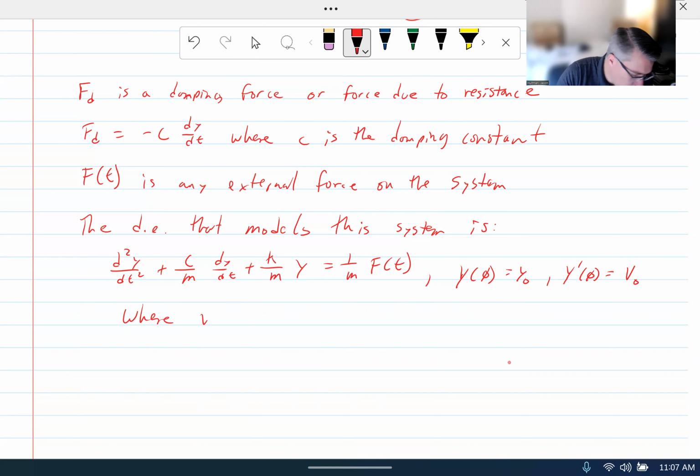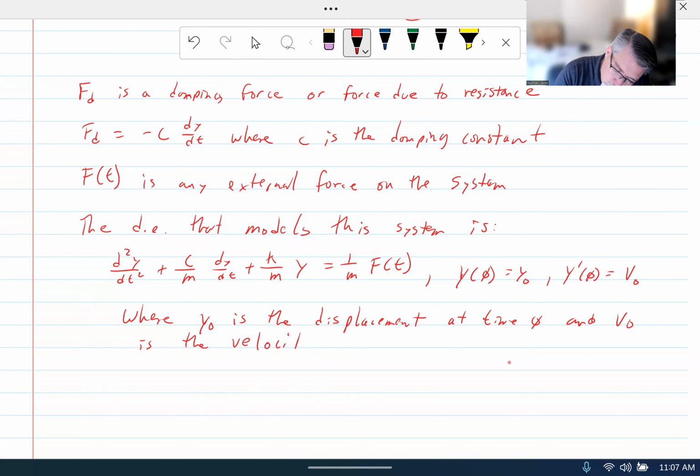Where y naught is the displacement at time 0, and v naught is the velocity at time 0.